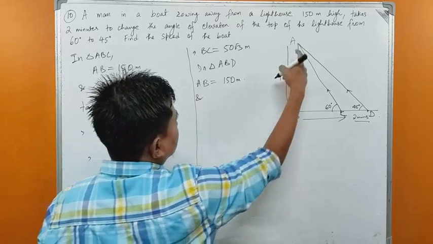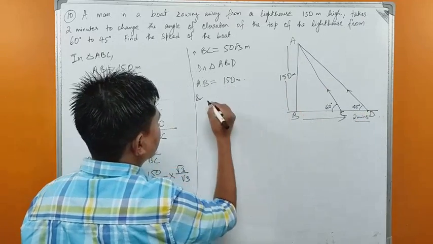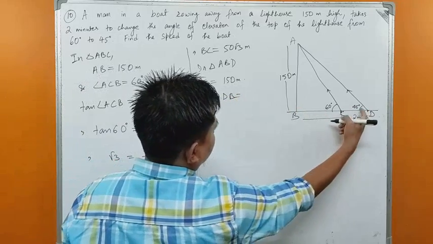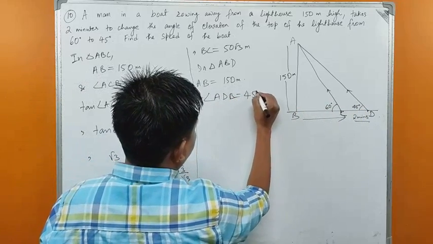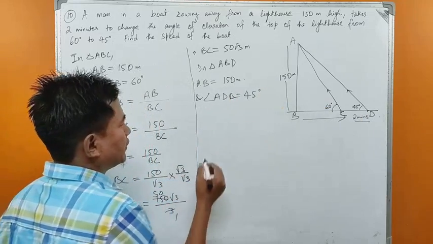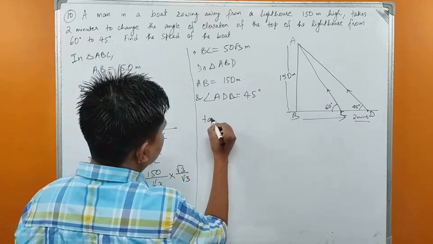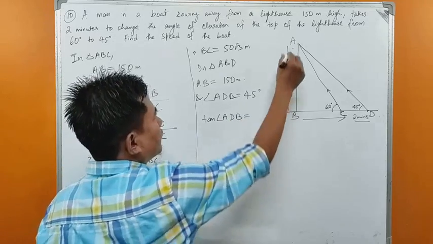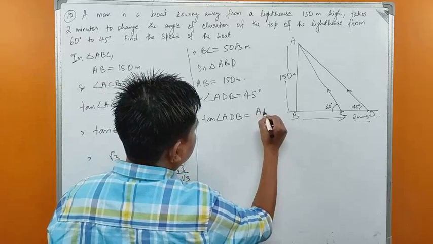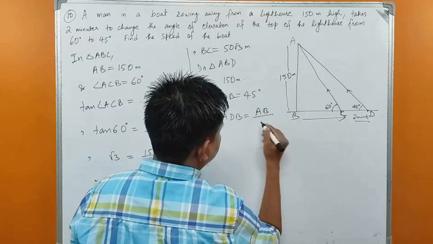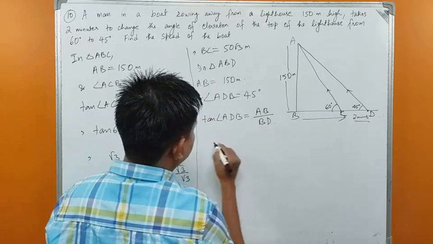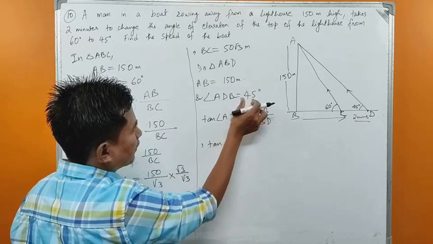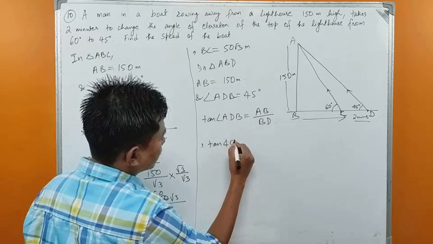And angle ADB is given to us, 45 degrees. So let's apply tan theta. Tan of angle ADB equals perpendicular AB by BD, isn't it?